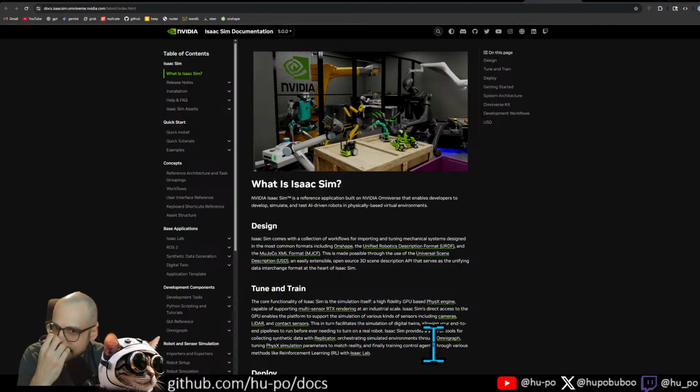It used to be that simulation was single threaded: one simulator generated one episode. But now these frameworks allow you to generate 100 at the same time, which means you can generate 100 times more data. So these simulators are popular because you can generate absolutely massive synthetic data sets for robotics.